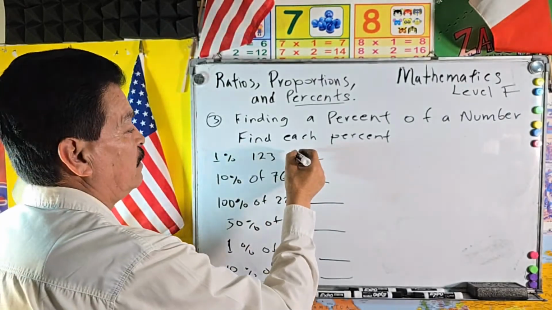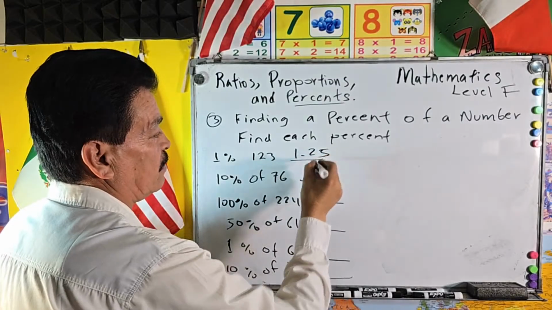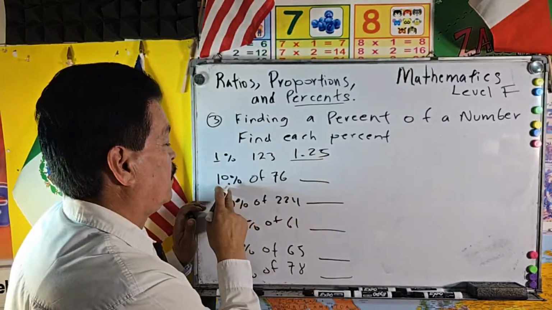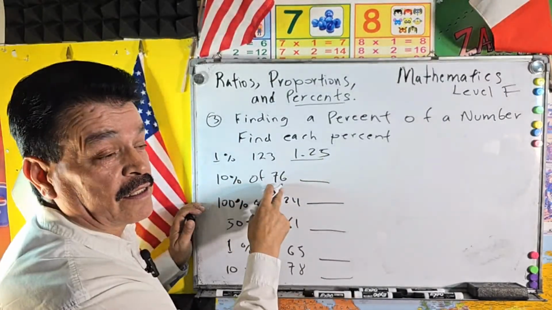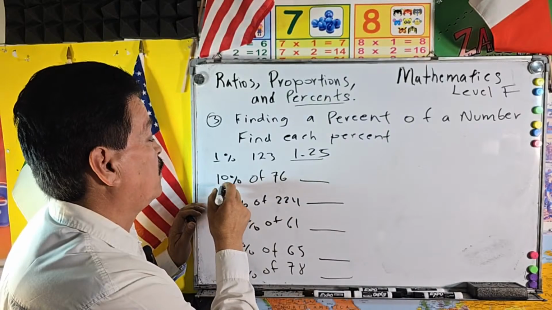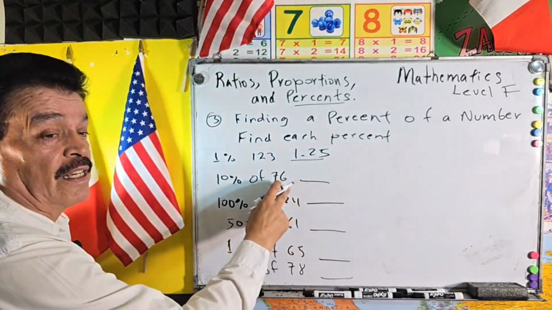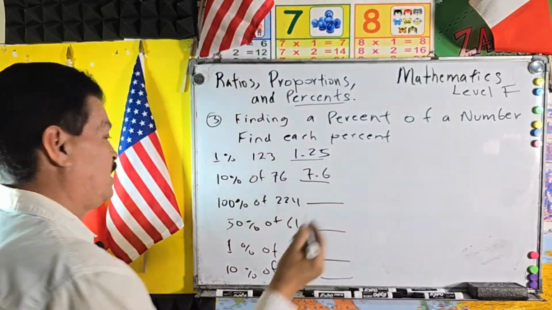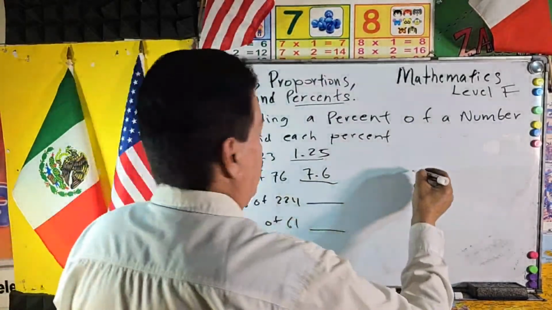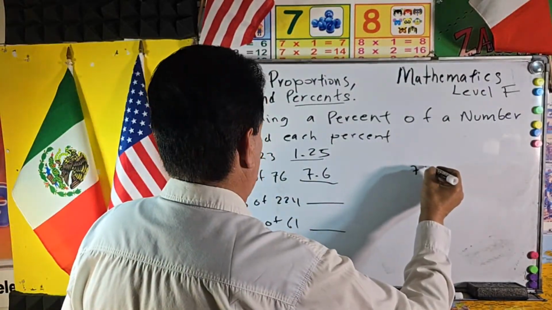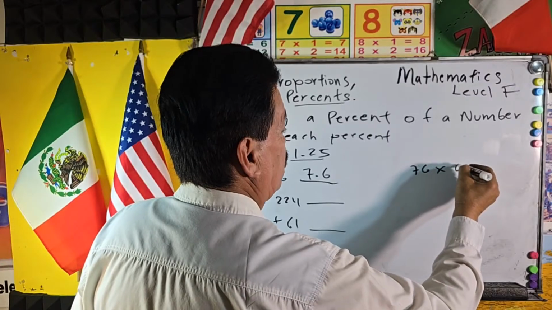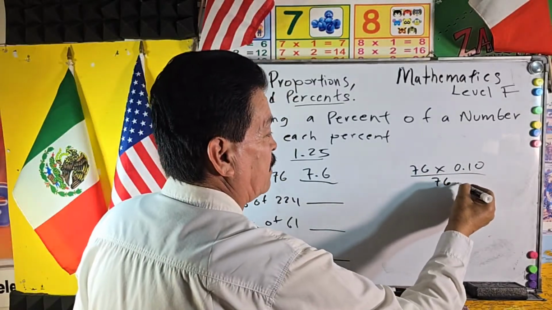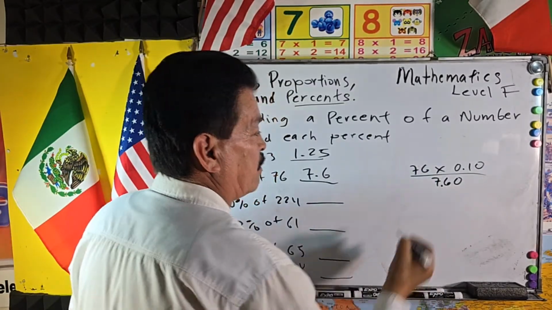Here is 1.2. 10% of 76: you multiply 0.10 by 76. Here it is very easy, 7.6. Let me multiply this: 76 times 0.10. Use a decimal here, so it's right here.